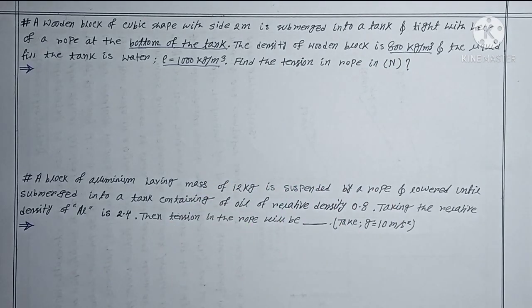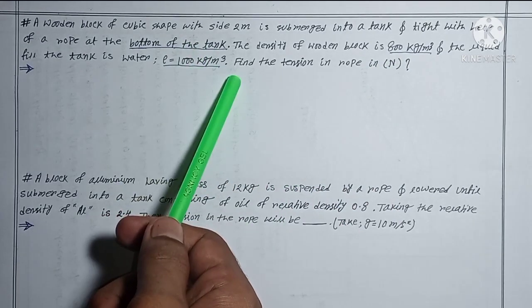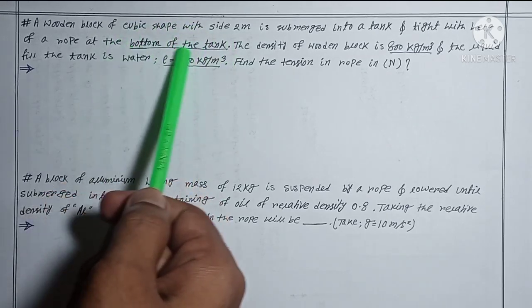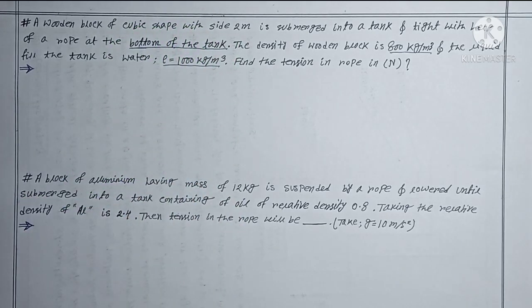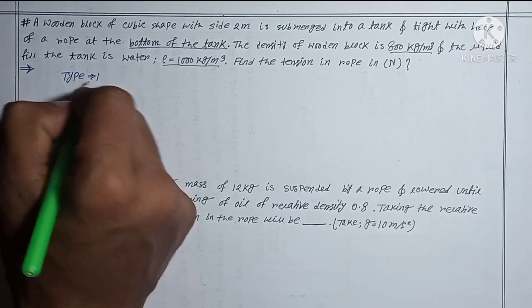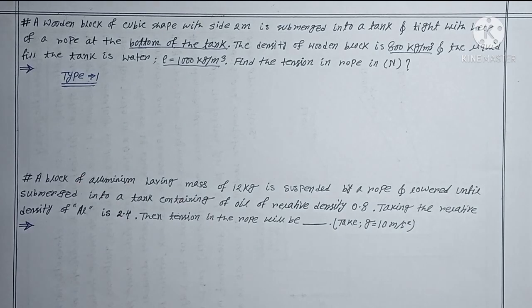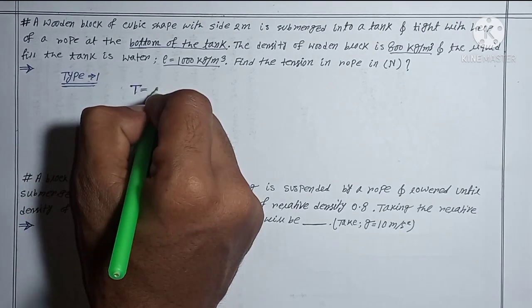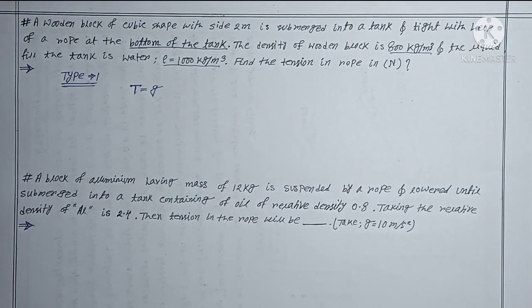Now you tell me, is this type number 1 or type number 2? The rope is attached at the bottom of the tank, which means this is type number 1. Now in case of type number 1, how can we find the tension? Tension is equal to g. First carefully listen.